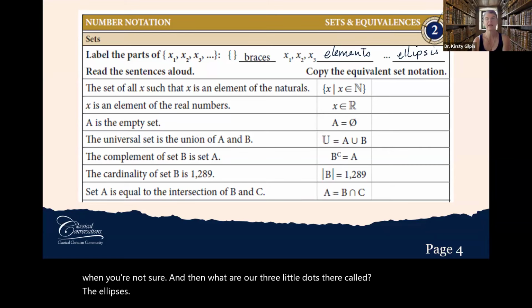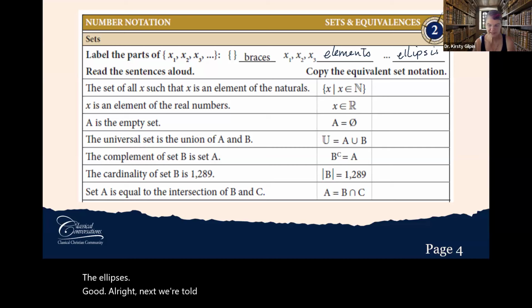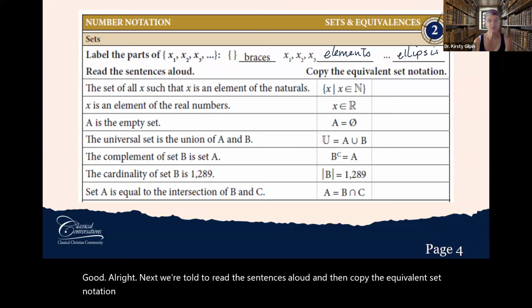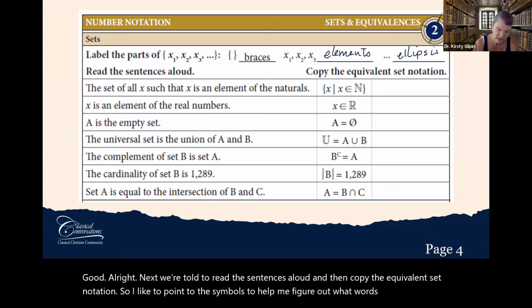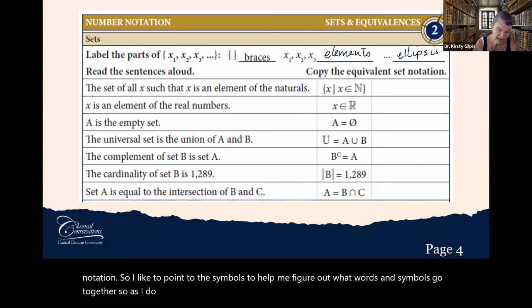Good. All right, next we're told to read the sentences aloud and read the equivalent set notation. So I like to point to the symbols to help me figure out what words and symbols go together. So as I do that, I have the set.